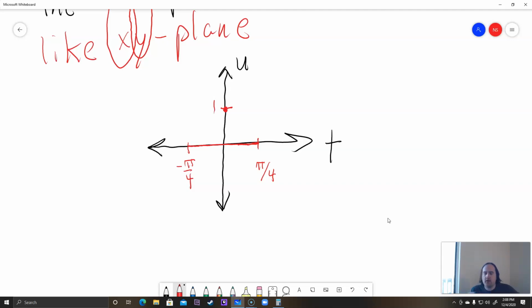And then remember that cosine of pi over 2 is actually 0, right? Cosine of pi over 2 is 0. So cosine of pi over 4 is actually going to be root 2 over 2.